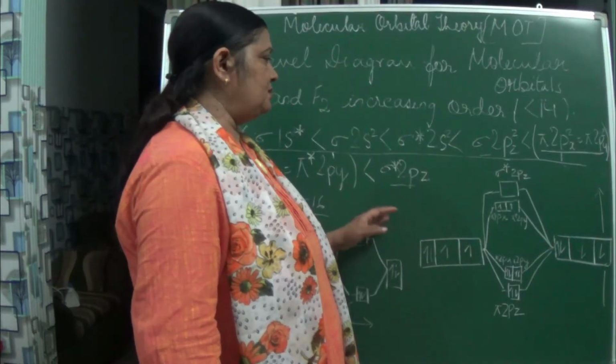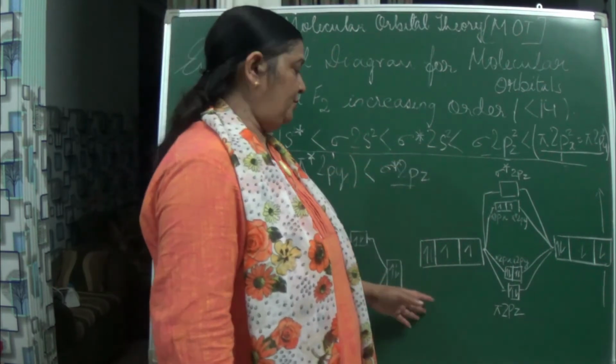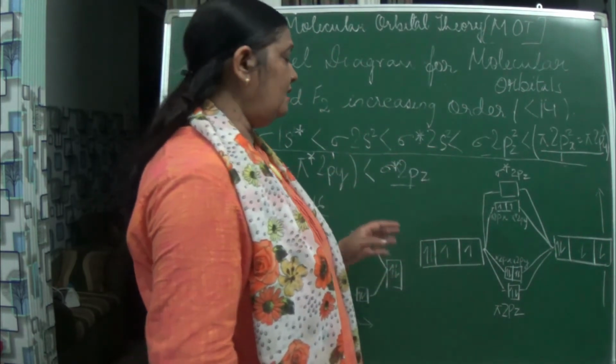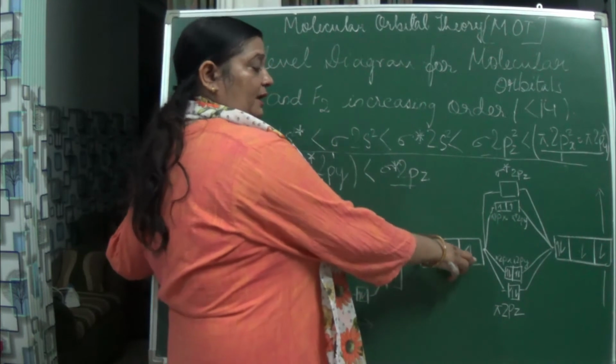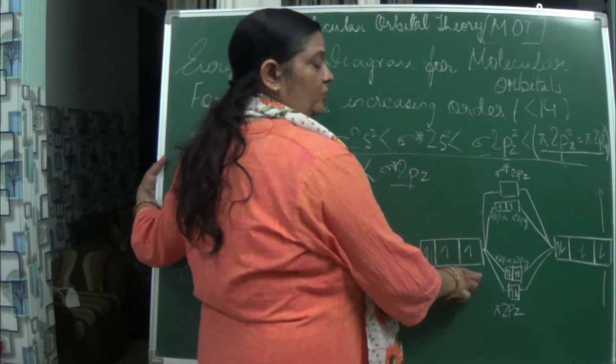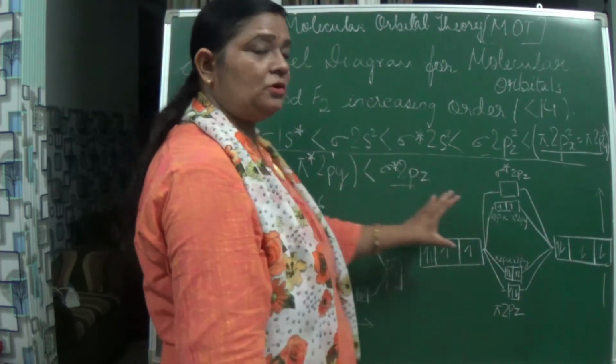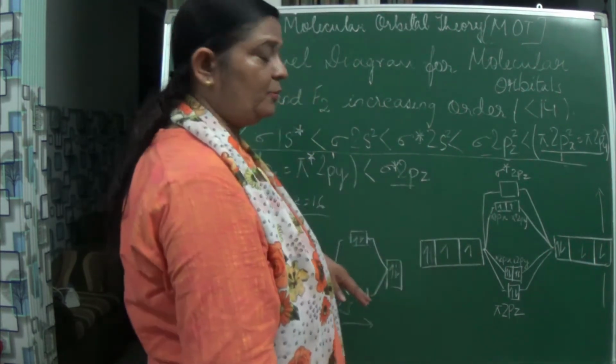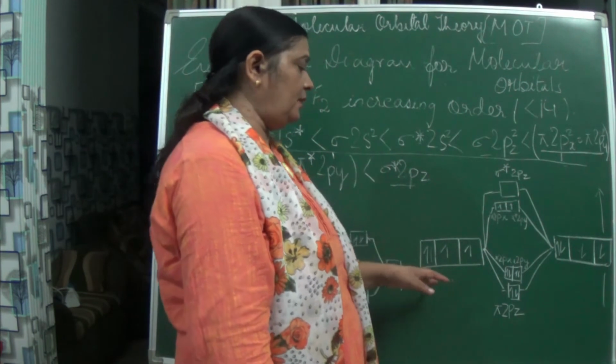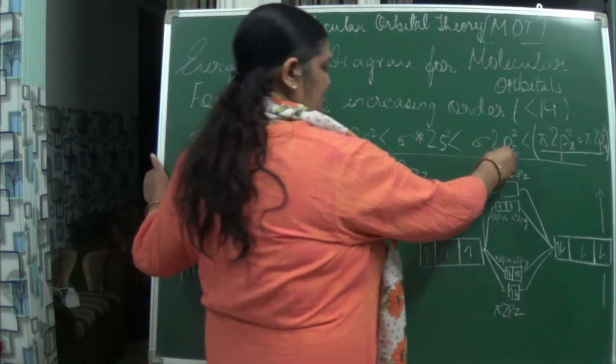Now coming to the next, the p orbitals. How many electrons are left here now? Only 8, 4 from one oxygen and 4 from another. We will fill these with the same principles: the Pauli exclusion principle and Hund's rule. First, whose energy is less?